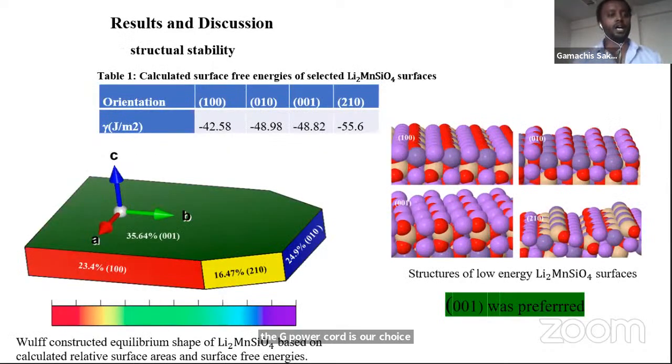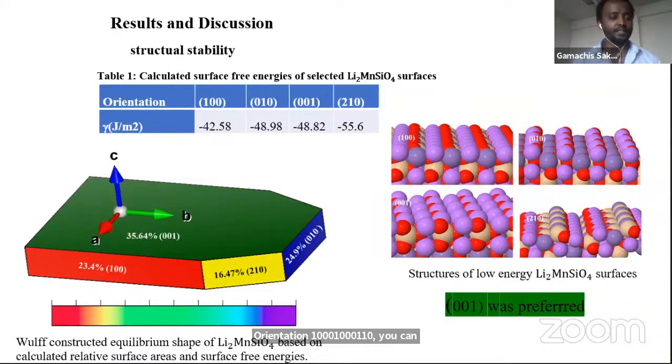So as you can see, what we did is we checked the structural stability of these materials. In order to do that, we calculated the surface free energy of some selected surfaces of these materials. As you can see from the table, orientations 100, 010, 001, 210.